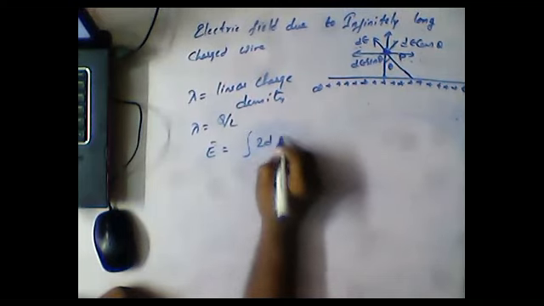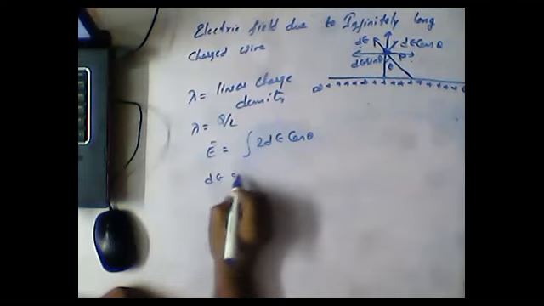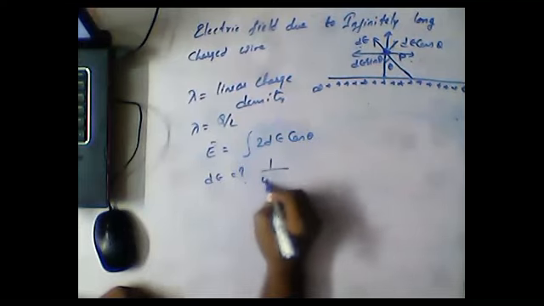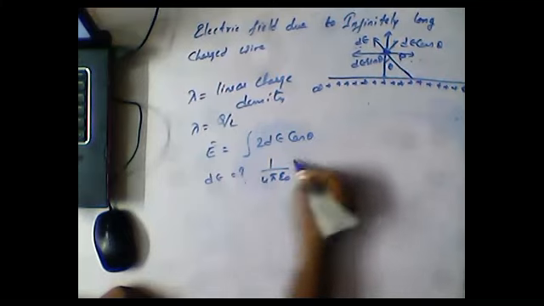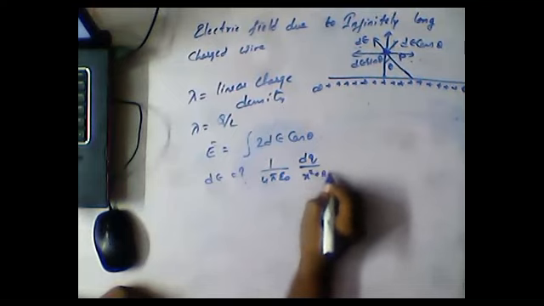Integration of 2 dE cos theta. But what is dE? dE is equal to 1 by 4 pi epsilon naught, dq by x square plus r square.